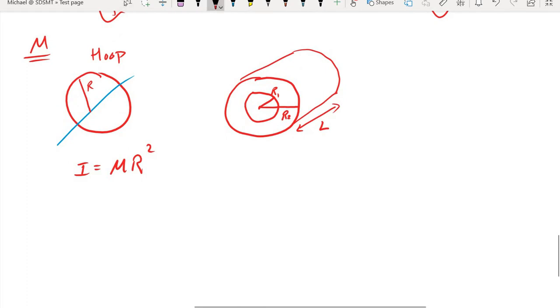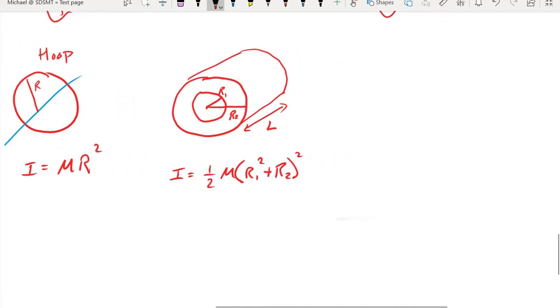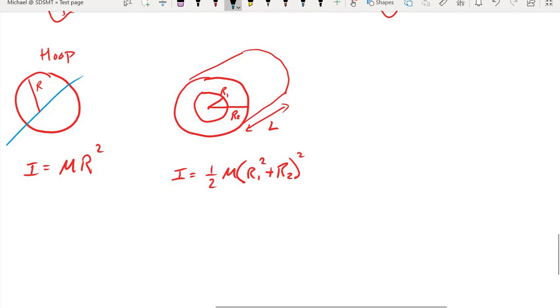Yet for this thick-walled cylinder, the math starts to get a bit complex pretty quick. If we take the rotation of this cylinder through the central axes, it turns out the length of the cylinder actually does not contribute.